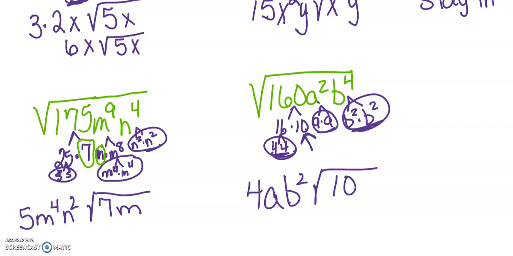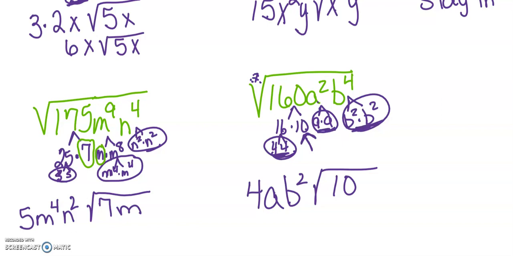So we're going to leave the 10 on the inside. All my variables got split up, and they got removed from the radical. Okay? So if you have a square root, that means there's this invisible 2 sitting in here, and you need 2 of a kind in order to get out that term.